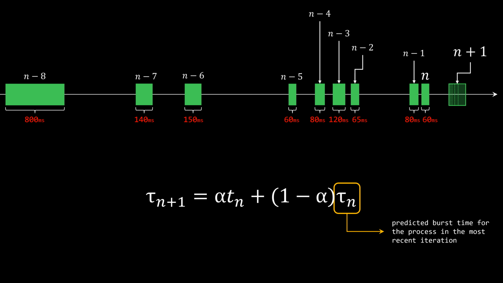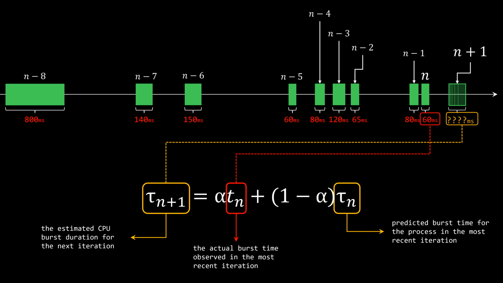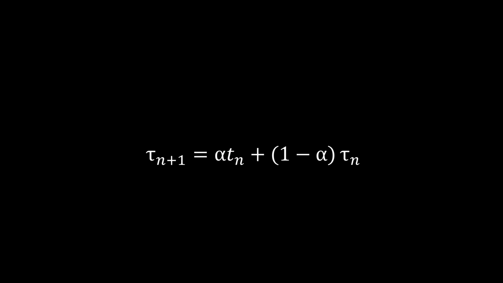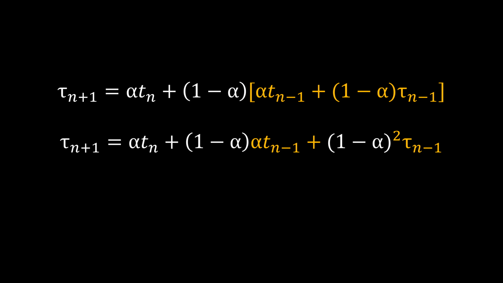In the formula, that means tau sub n is the predicted burst time for the process in the most recent iteration, while t sub n is the actual burst time that was observed. So tau sub n+1 is the estimated CPU burst duration for the next iteration. Since tau sub n represents the previous prediction, we can expand the formula recursively.